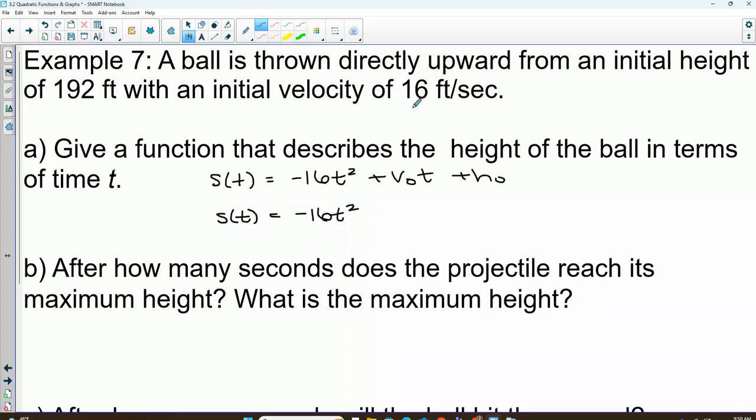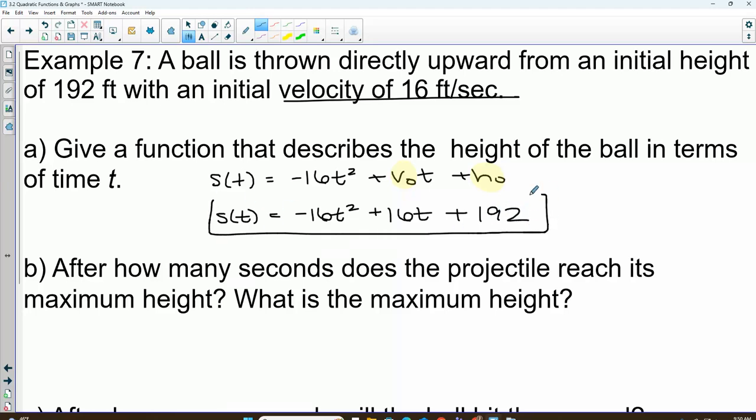We basically just have to plug in the values for v and h. What is v, my initial velocity? 16 feet per second, so that's 16t. What is h, my initial height? 192. So that's my equation.